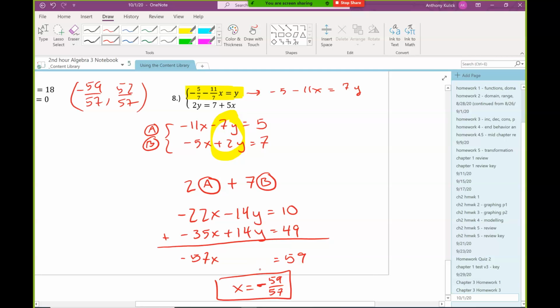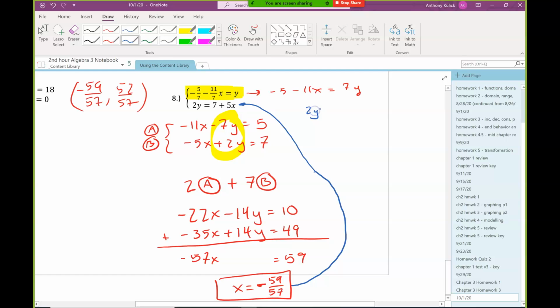So far, so good. So that's half of my solution. I still have to solve for y. To do that, I'm going to take my value for x and plug it back up into somewhere here. I'm going to choose to plug it in right here. But any place where I have two variables would be okay.